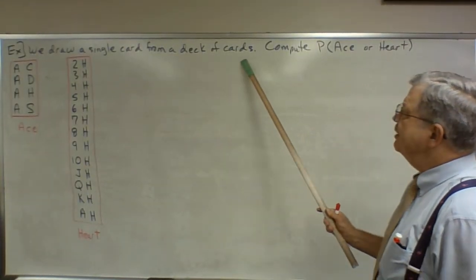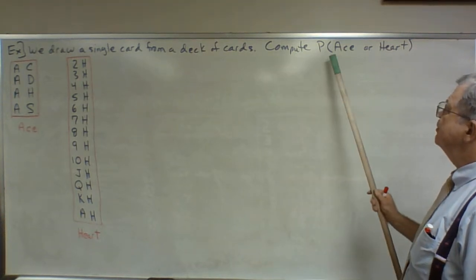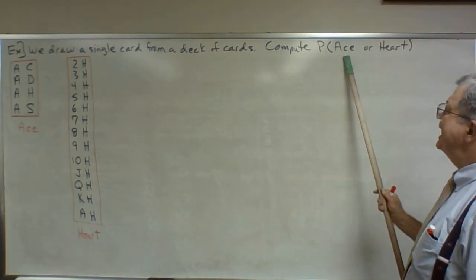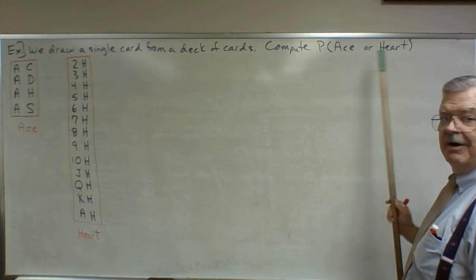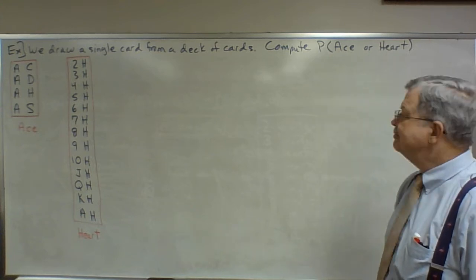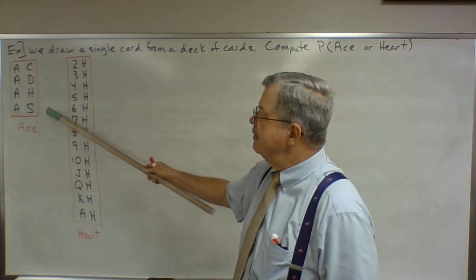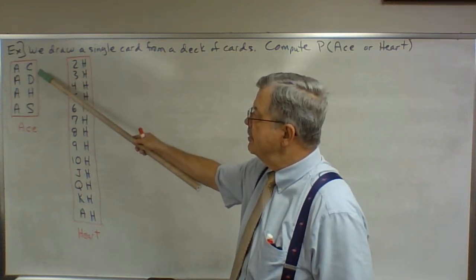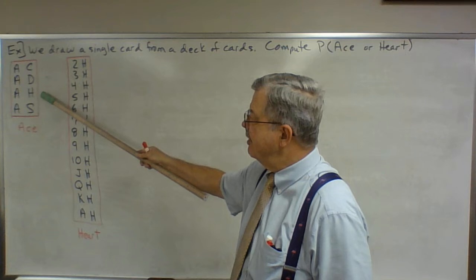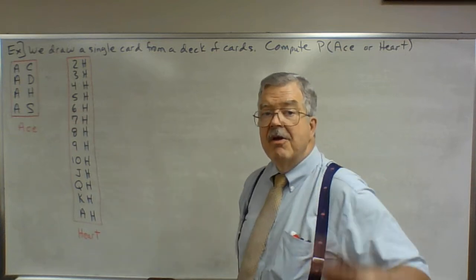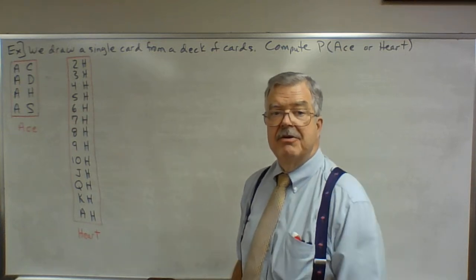We draw a single card from a deck of cards, compute the probability that we get an ace or a heart, or both. These are the different ways that we can draw an ace. Ace of clubs, ace of diamonds, ace of hearts, ace of spades. Four ways that we can draw an ace.